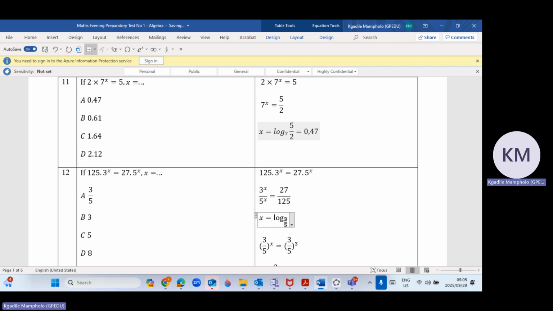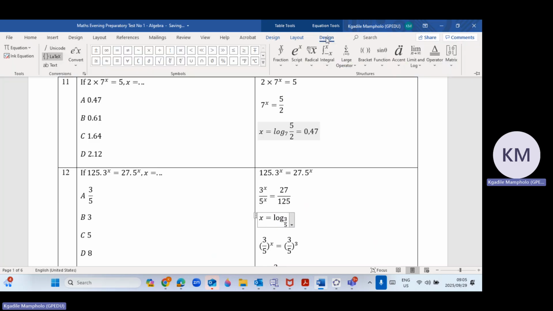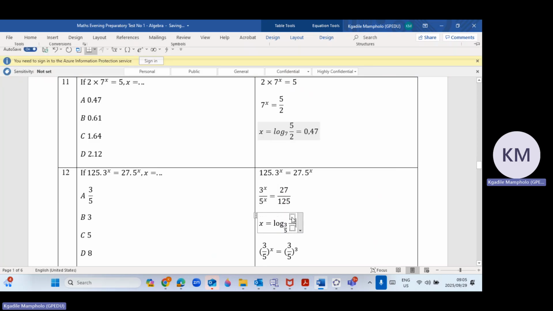Then you move the cursor. Here you put 27 over 125. If you don't want to change the number into prime factors, then you get all the marks.